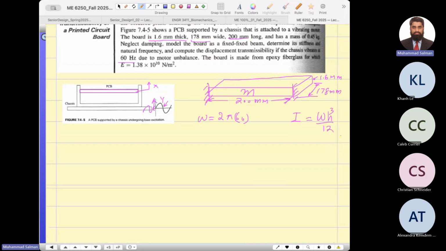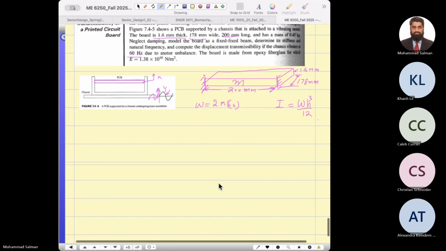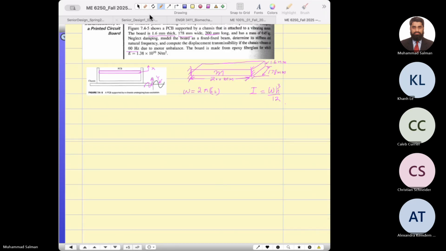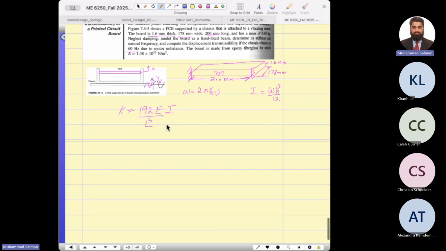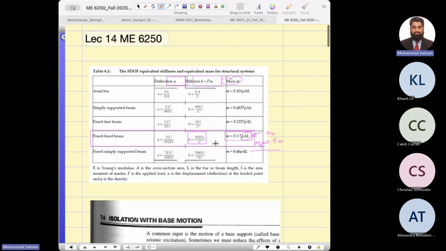So let me show you that the stiffness of the circuit board is, I can write here, 192 EI over L cubed. Let me make sure this is 192. Yeah, this is the same thing which I found over here.